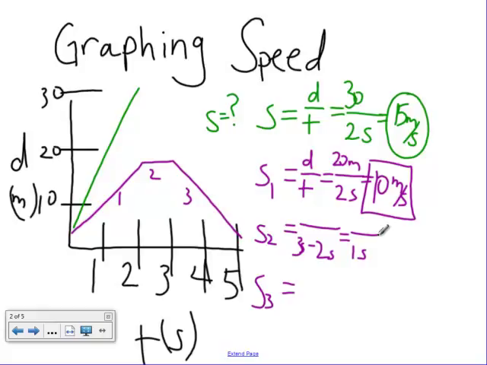Well, they started at 20 meters. This is my change, so I'm subtracting it. And they ended at 20 meters. So they went 0 meters in 1 second, which means 0 divided by 1 is 0 meters per second. So therefore, their speed is 0 meters per second.